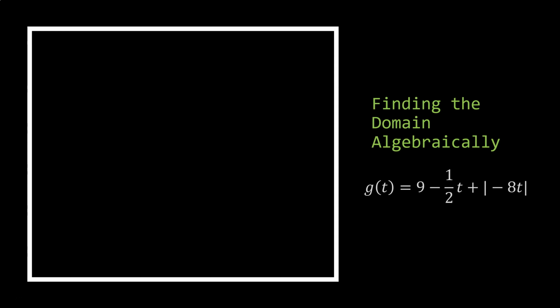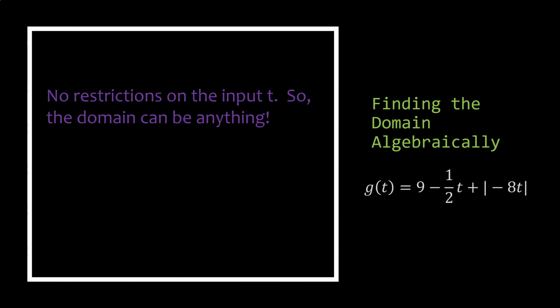Multiply by 1/2, which you can always do, right? And subtract that from 9. And then taking the absolute value of negative 8t. You can always do that. You can always multiply a number by negative 8 and then take its absolute value. So there is no restriction on the input t based on the operations that are given in this function.